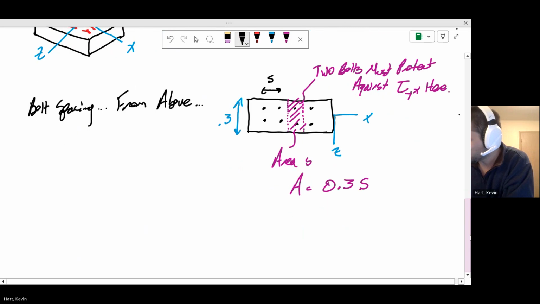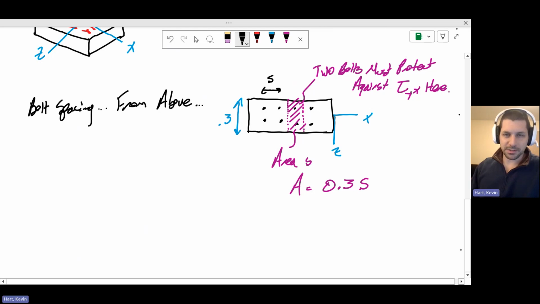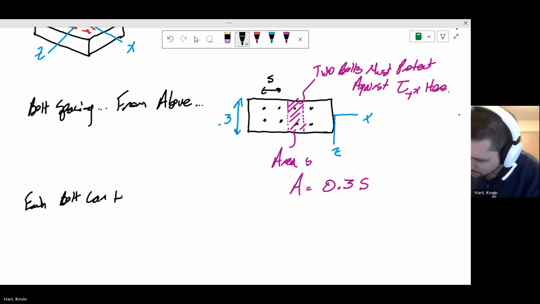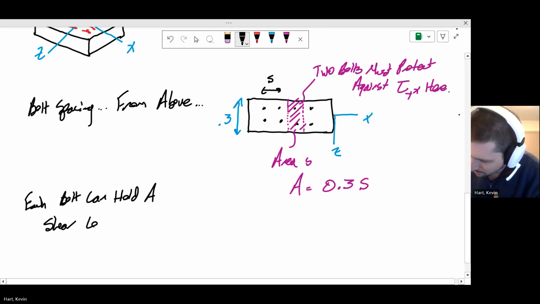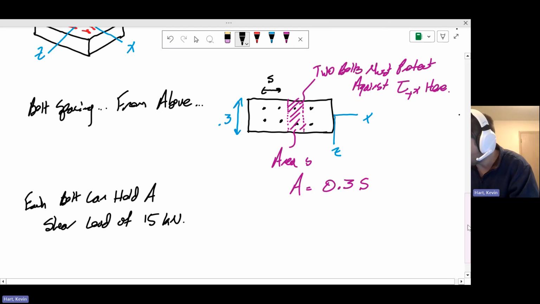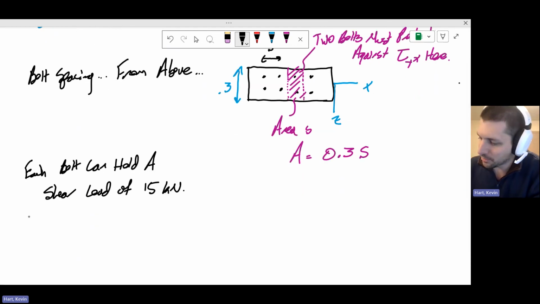So each bolt, we're told, can hold a shear load of 15 kilonewtons. So if we have two bolts for every little area that we're looking at, then the total load carrying capability across those spaces is 30 kilonewtons.